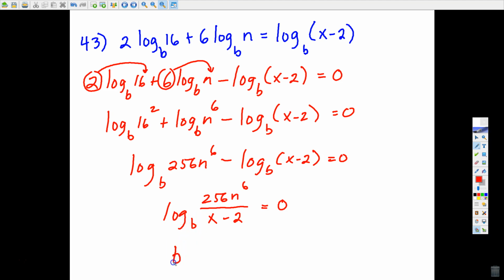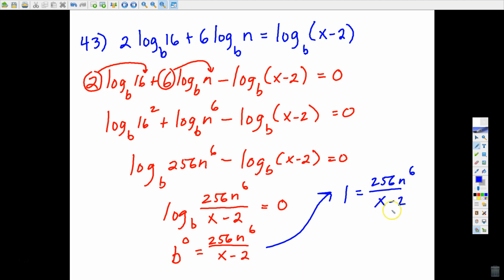B is our base, 0 is the exponent, and we're going to let that equal this fraction, 256 n to the sixth over x minus 2. So I'll just pick it up over here. 1, that's b to the 0, equals this. And now I'm solving for n, so once again I'm going to multiply by this denominator on both sides, x minus 2 times 1. And on the right side it just cancels. And to solve for n I need to divide by 256.